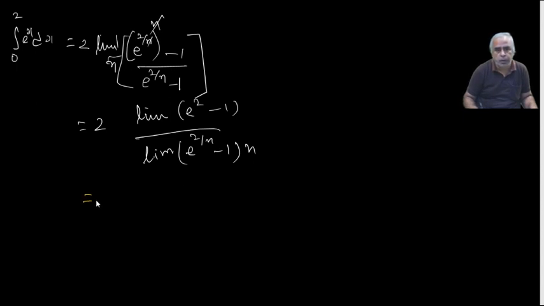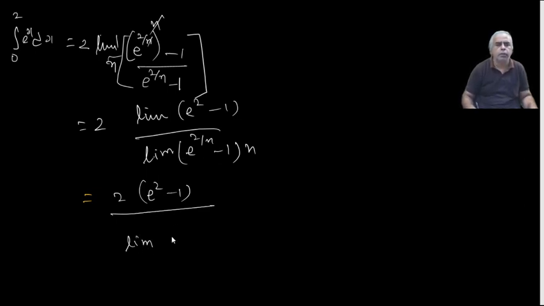Okay, you can write this n as 2, and limit of e squared minus 1 is e squared minus 1, because there is no n terms. So you can straight away put 2 into e squared minus 1 whole divided by, here limit, carefully listen, limit e power 2 by n minus 1, and this n can be reciprocated like this, 1 by n reciprocated once again.